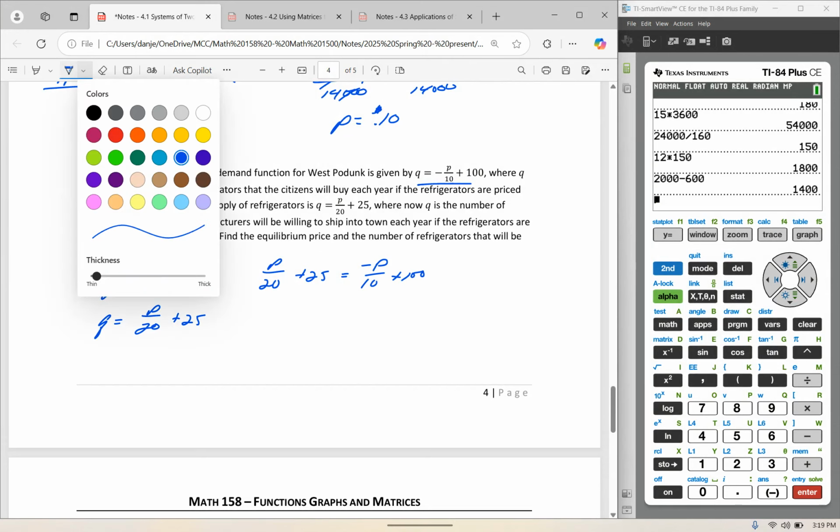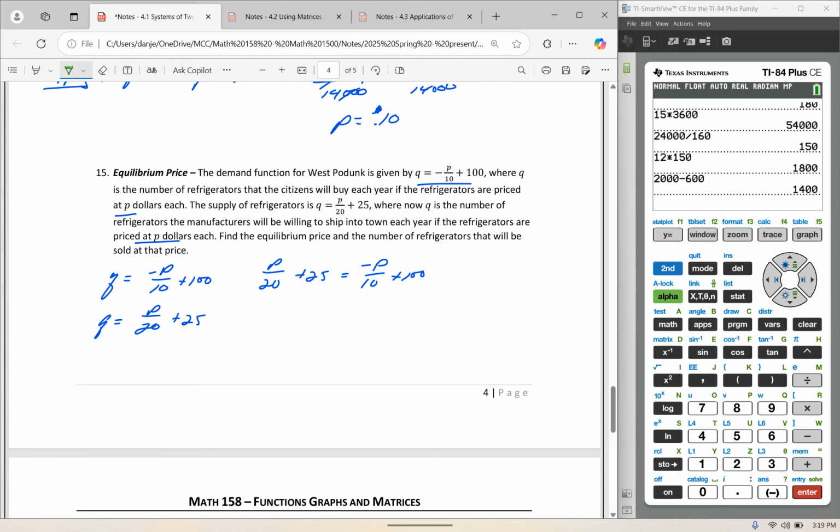You don't want to work with fractions. If you don't want to work with fractions, that's fairly easy. The larger denominator is 20.